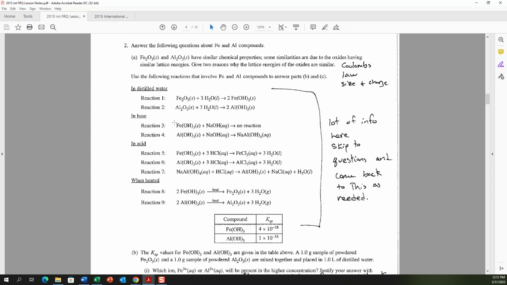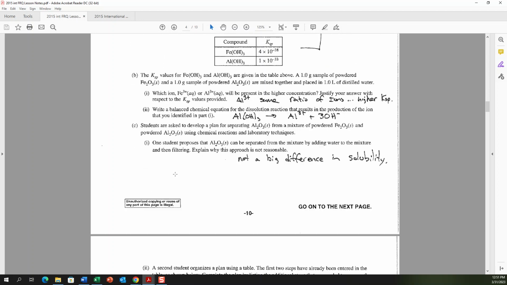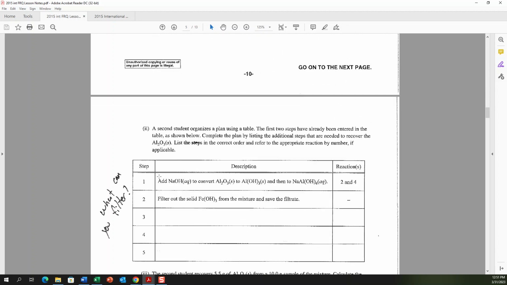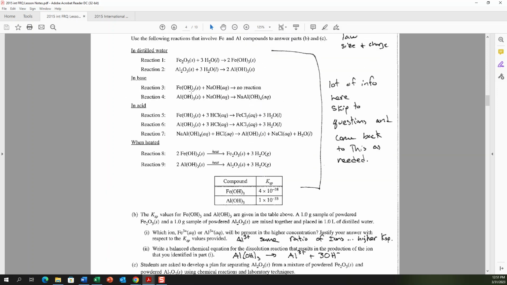So the next step that we're going to write down is react the, let me see, what did they give us? Yeah, so it said add the hydroxide to form this, okay? And then filter it out. And now we'll collect the filtrate. So all we'll have is this, okay?